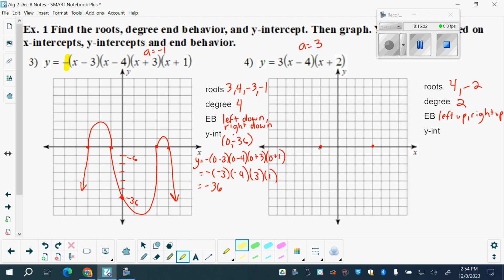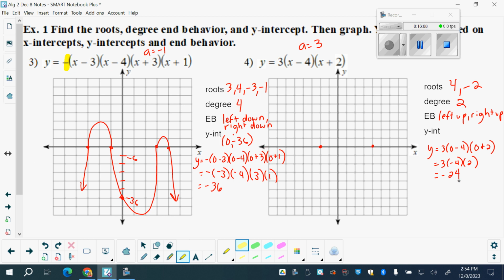And then to find our y-intercept, what do we get for our y-intercept, Apollo? Apollo, what's the y-intercept? That's correct.